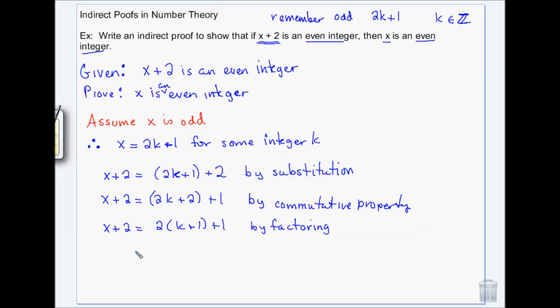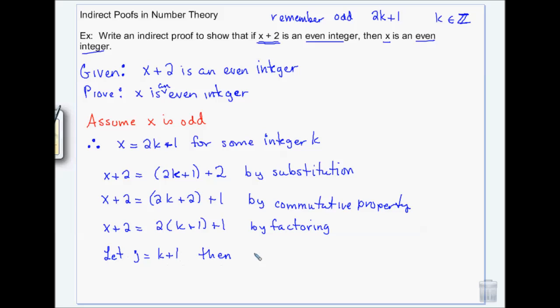So now, I need some other letter. What letter do you guys want me to use? What about J? All right. Let J equal k plus 1.